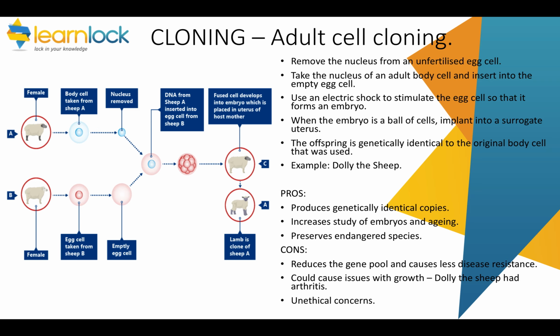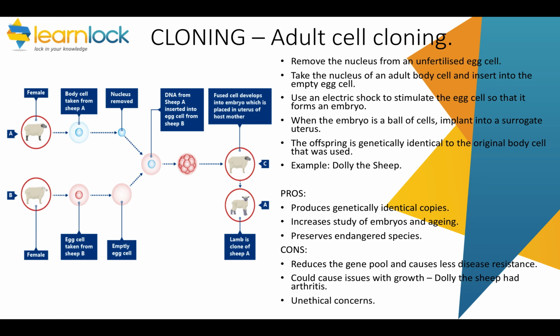Now, because they're not going to join naturally, you'd have to give an electric shock, so it's stimulated to form an embryo. And then when the embryo is large enough and a ball of cells, it can be implanted into another sheep, which will just carry it in its uterus, so it's the surrogate.